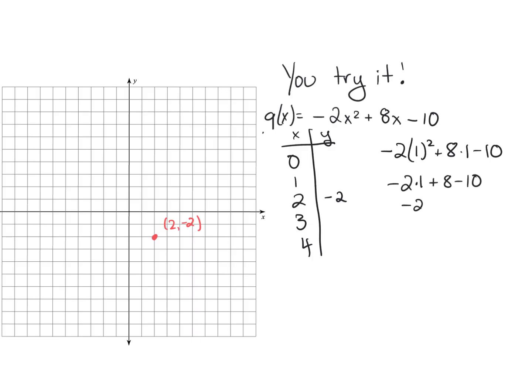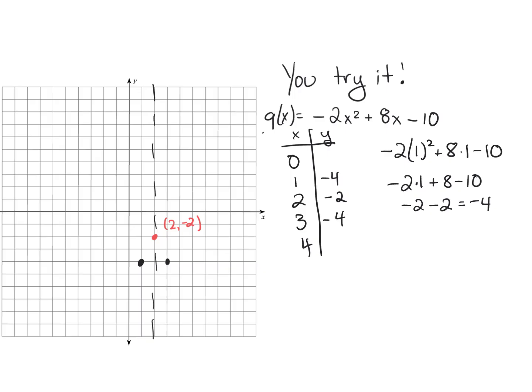So I'll have negative 2 plus 8 minus 10, which is going to give me negative 4. And that also means, because of my axis of symmetry that's going right through my vertex, that if I have a point at (1, -4), I'm going to have one at (3, -4), because it's going to be mirrored on the other side.